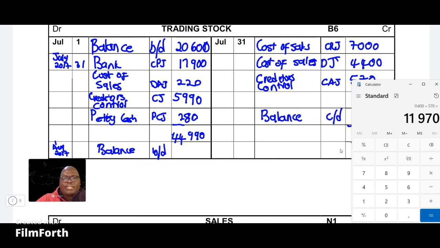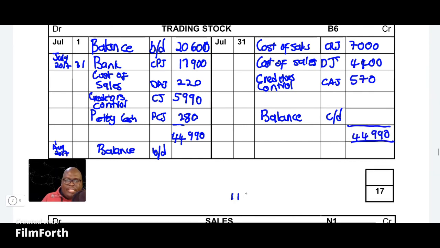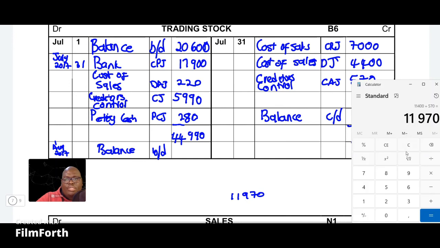So we can just write that on the bottom so that we can remember 11,970, and then we check the difference between the two, and from there we should be able to get the closing balance. So let's quickly check that. 44,990 minus 11,970 will get the difference, which is 33,020.